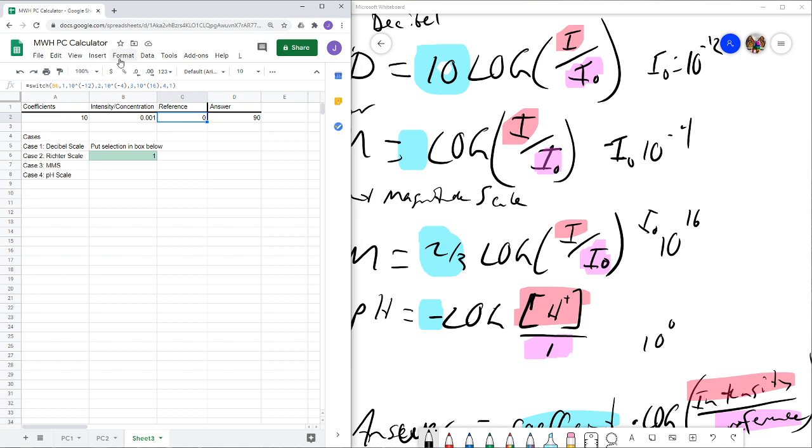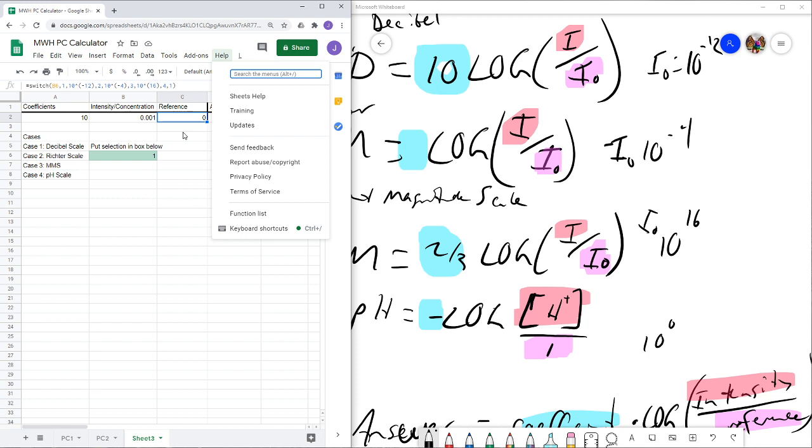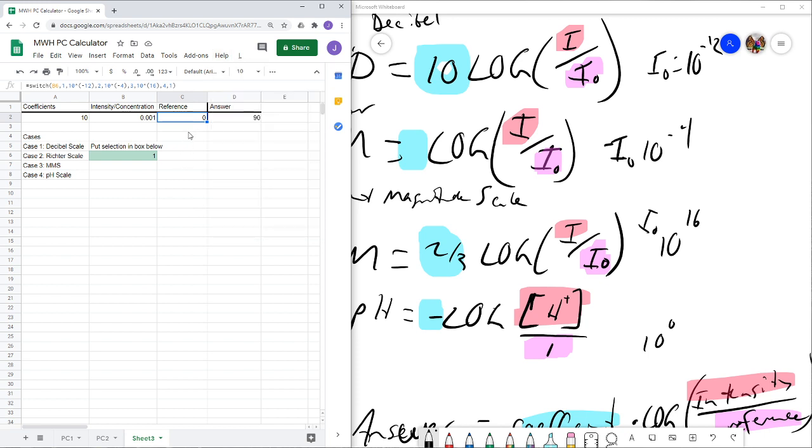We could change the formatting if we wanted to, include more decimals, and we would be able to see what that decimal value is. So I'm not going to worry about that. If we plug a 2 in, I get my 0.001 or 0.0001. I don't know if I said 2 zeros or 3 zeros. And if we put in a 4, you get a 1. Alright, so now we're good to go.